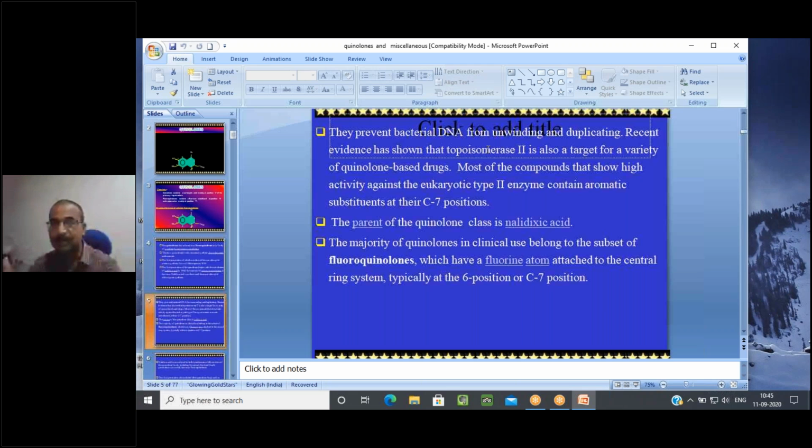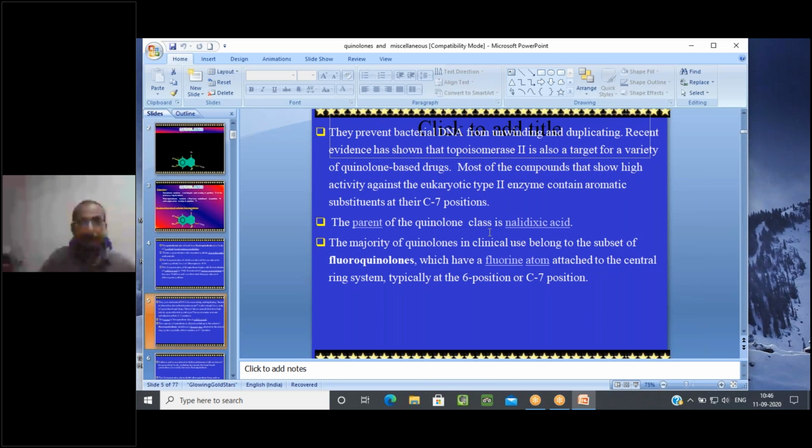So the DNA gyrase enzyme will be inhibited by these drugs, so that unwinding and duplication of the microbial cell DNA will be inhibited. In addition, topoisomerase is a target for the various quinolones. So topoisomerase 2 as well as DNA gyrase are inhibited. That is why they come under DNA gyrase inhibitors, that is, fluoroquinolones.